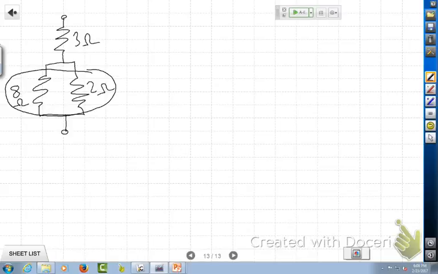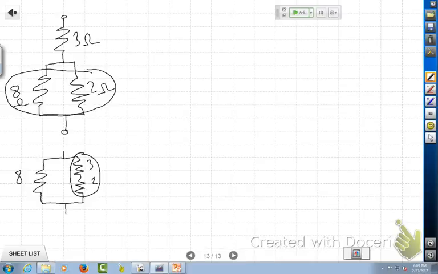Now, I don't want you to have the idea that you're always going to do the parallel first, because I want to show you this. Kind of same resistors, just connected up differently. In this one, I would do the series bit first. And I find it hard to articulate exactly what I'm doing.